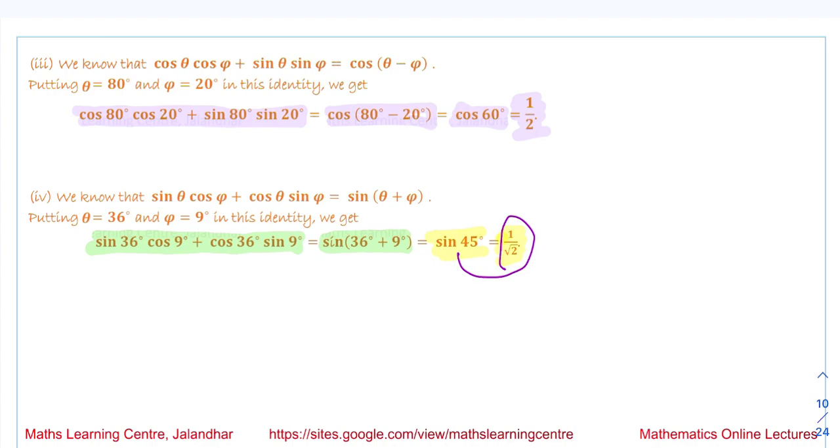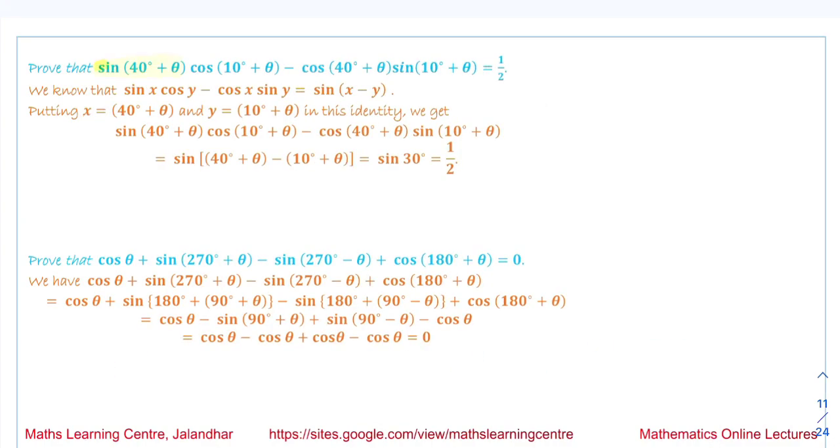Now the next question we have is to prove that sine of 40 plus theta into cos of 10 plus theta minus cos of 40 plus theta into sine of 10 plus theta. If we look at this value, this is 40 plus theta and this is 10 plus theta.